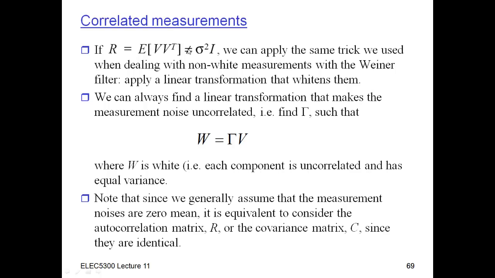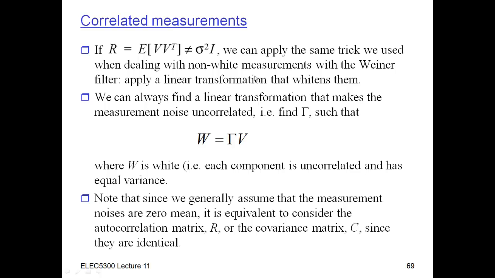Well, we know that we can solve the case when the noise is white. So we can do exactly the same thing we did with the Wiener filter and, somewhat implicitly, with the Kalman filter. We just make the non-white measurements white by applying a linear transformation to them.